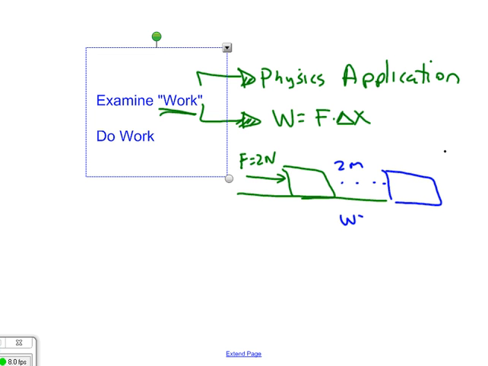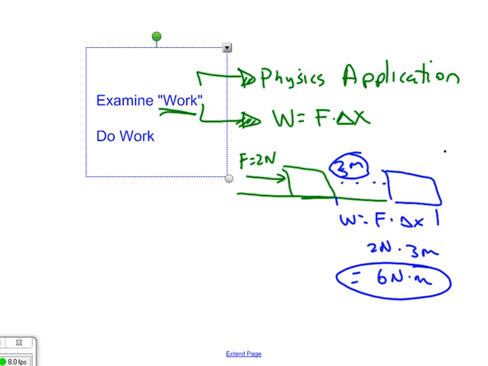So the work required to go from here to here is the force times the change in x, which is 2 newtons times 3 meters. So we get 6 newton meters. So the idea of work is that you're applying force over a distance.